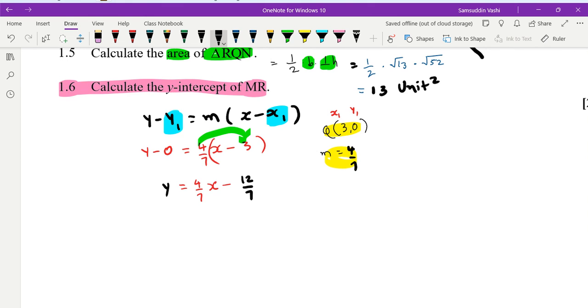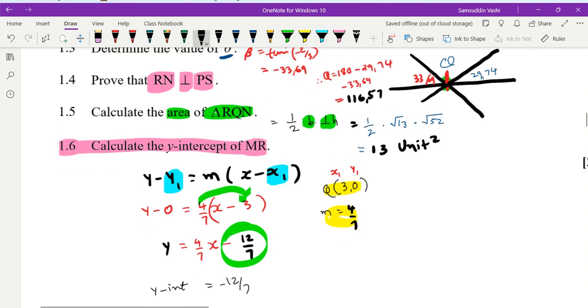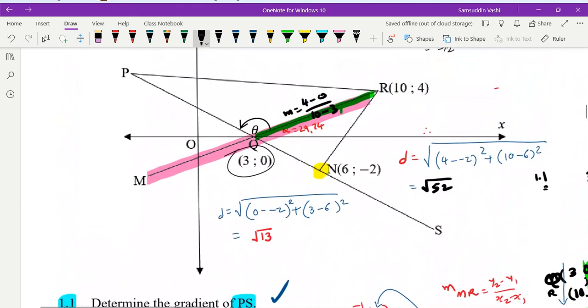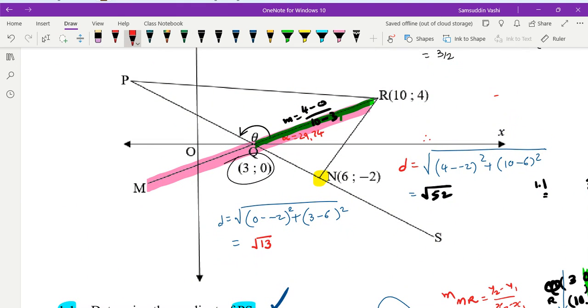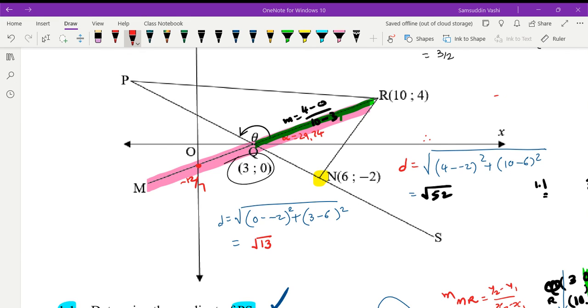So this is my y-intercept: negative 12 over 7. So it's a negative value. Does it cut below the x-axis? Yes. So I will accept it. So I'm going on the right track. Any question? No. All right.